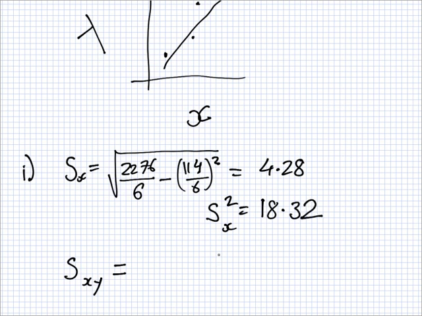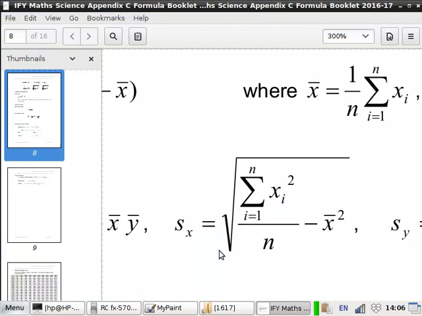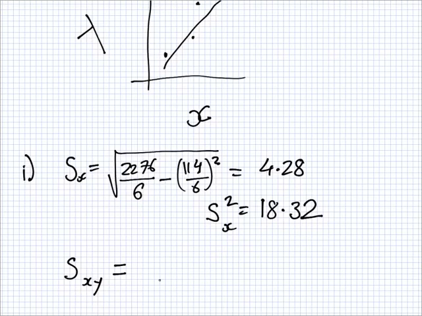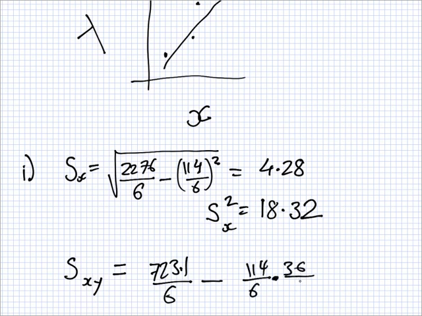Had mercy on me. Right, Sxy. And here's the formula for Sxy. So, on the top we have 723.1 over 6 minus 114 over 6 times 36 over 6.